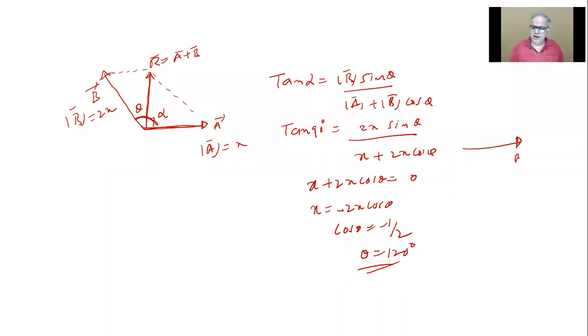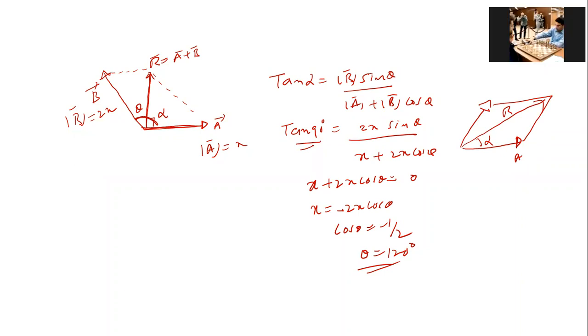Look, when this is A, this is B, this is the resultant R. This is alpha, right? But this alpha in this case is 90. So I put 90. I need not have to give this figure. I can simply start from here only. But how that resultant may be perpendicular, I wanted to show.